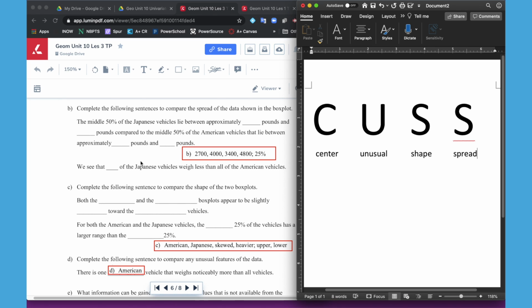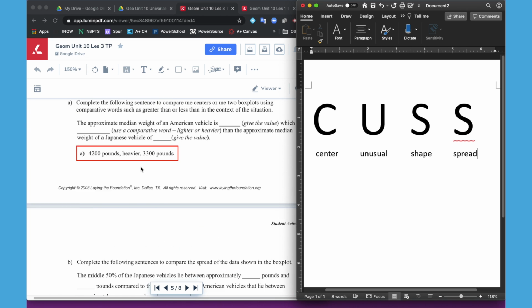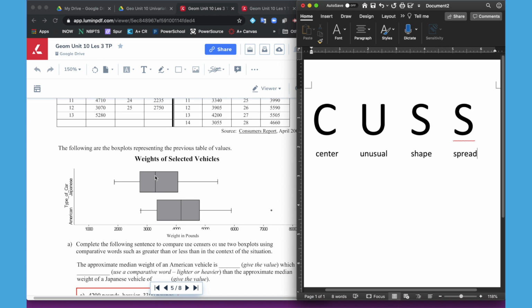In part C, they're talking about the shape, where both of them are actually skewed towards the heavier end. If we look, we notice that from the median to the right has more area, or is longer than the left side. And that's definitely true for the American with that outlier in there.